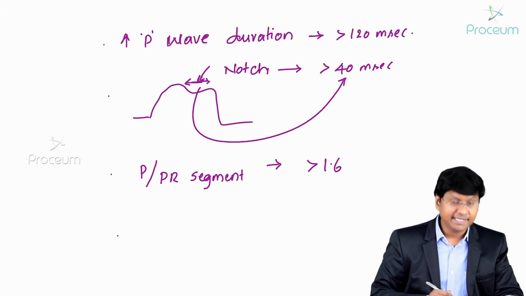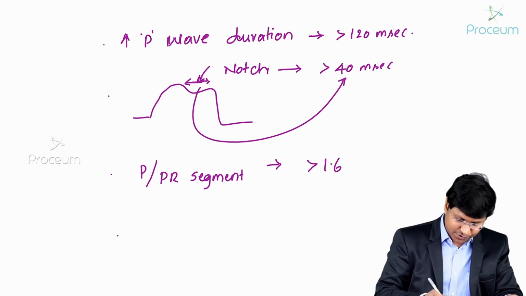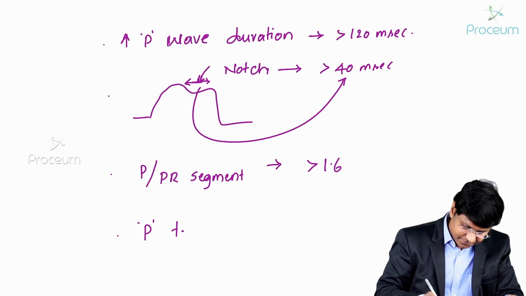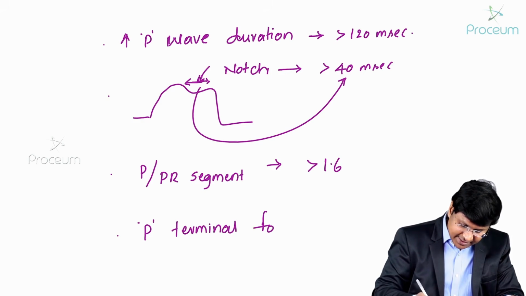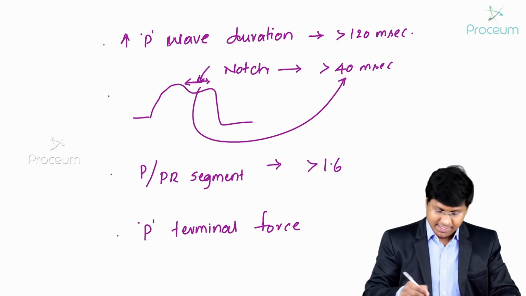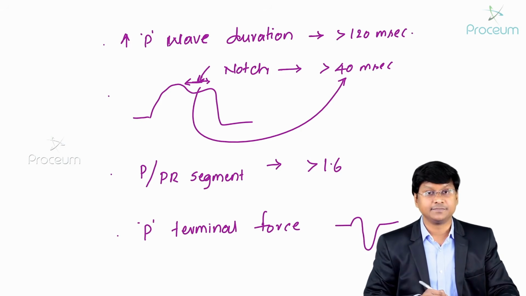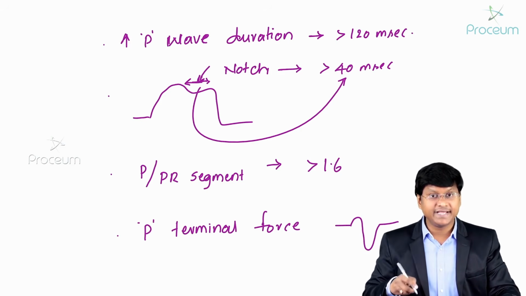And the other point is the P terminal force. Now, what is this P terminal force? If you take the second half of the P wave in lead V1, how deep should it be?